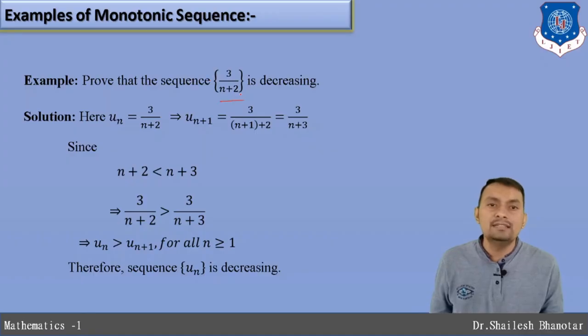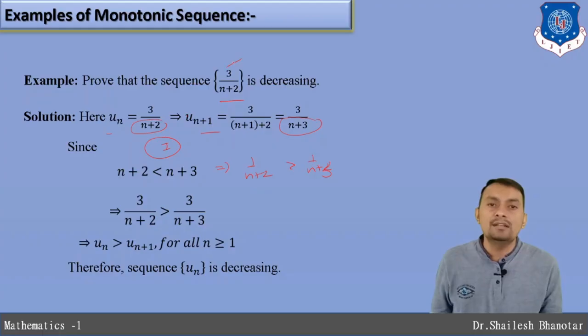Example: first prove that this sequence is decreasing. So u_n is there, u_(n+1) is there. From this, what we can conclude is that n plus 2 is less than n plus 3. This is method number 1. For simplicity, I am just going to take the reciprocal of these numbers. So 1 divided by n plus 2 is greater than 1 divided by n plus 3.